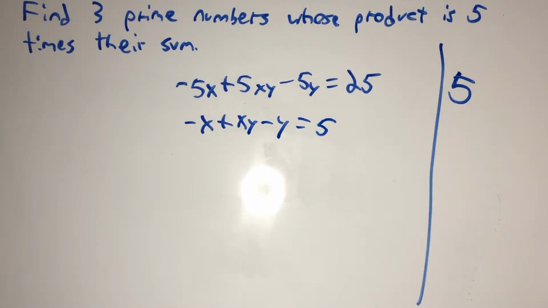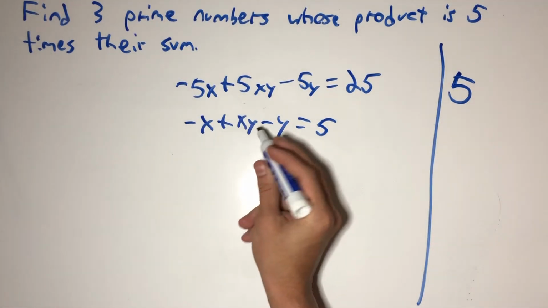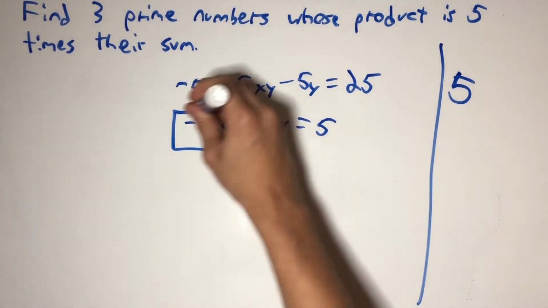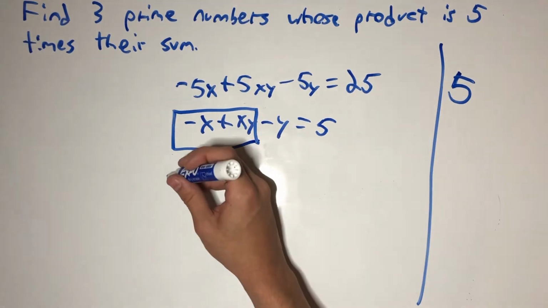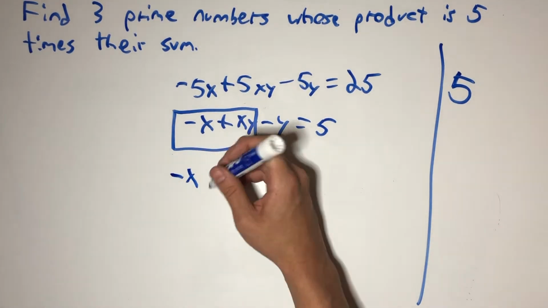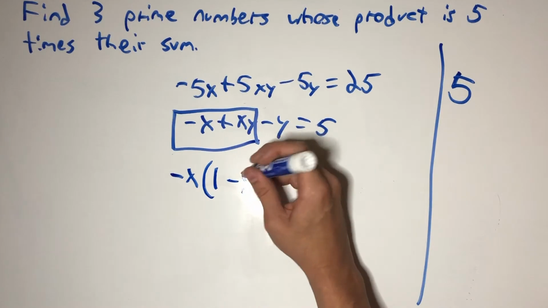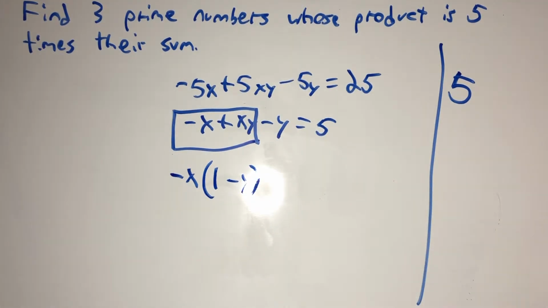Well, this is actually a key factoring trick that will come up often, as long as you know the numbers are integers. And this is where you would want to just take a look at this part. Let's factor out a negative x from this part, and you'll see why in a second. And we'll be left with 1 minus y.